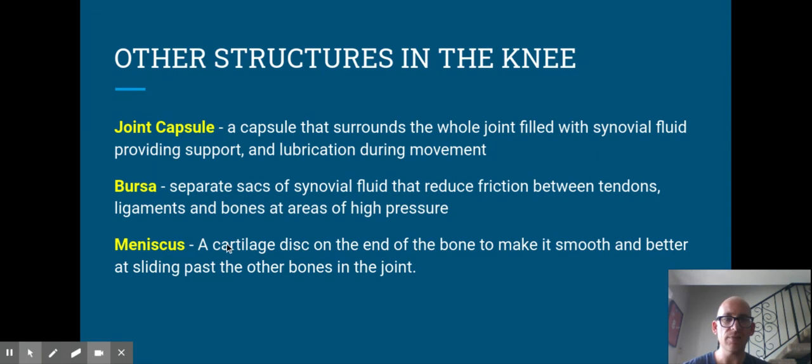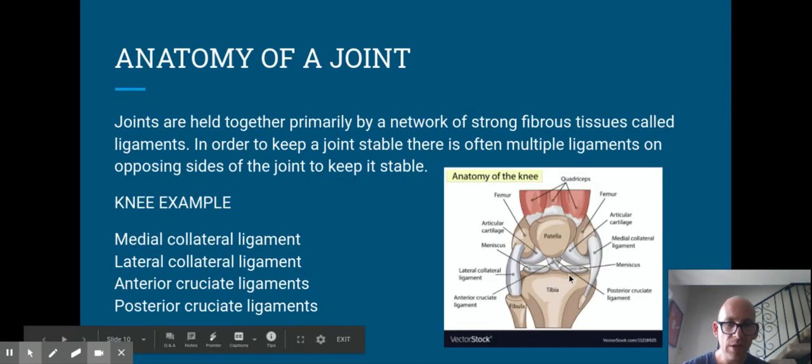At the end of each bone, you have these discs of cartilage, and they are super, super smooth. That's the meniscus. The idea of them being smooth is that they slide. They have this really smooth articulation, which allows the bones to continue to move without much rubbing.